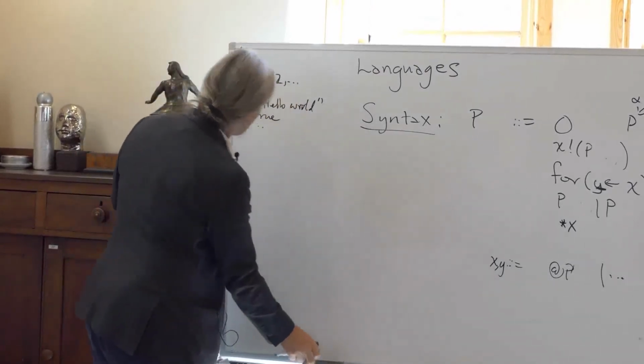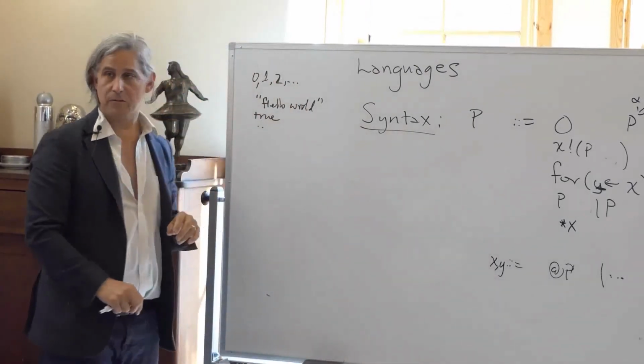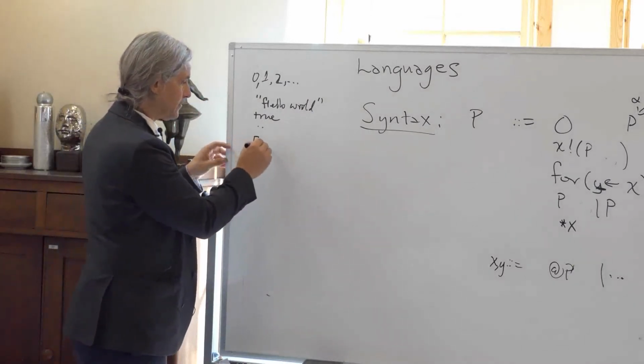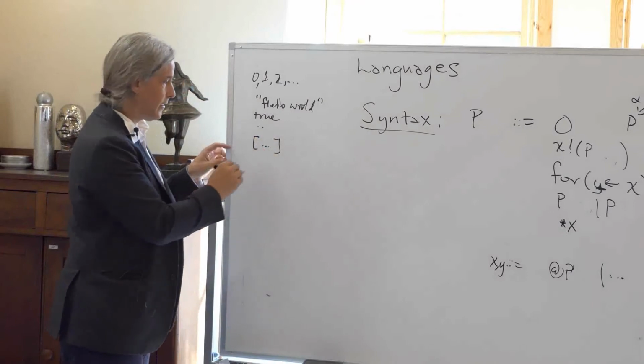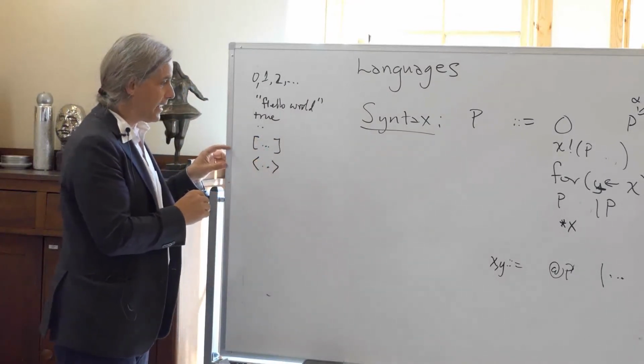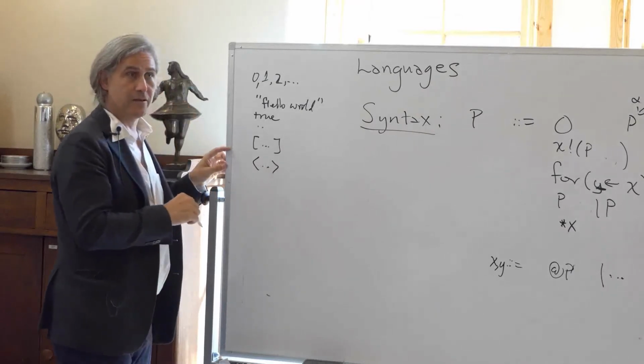But we don't just want ground data types. We want some structured data types, right? So I'd like to be able to have lists of things, arrays of things, or tuples of things. And then I want to be able to pattern match on that, right?